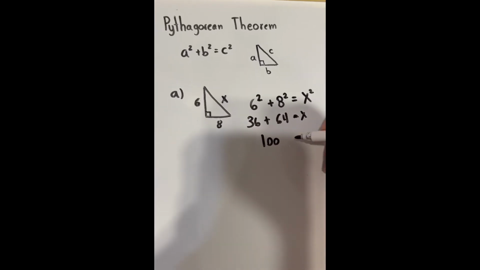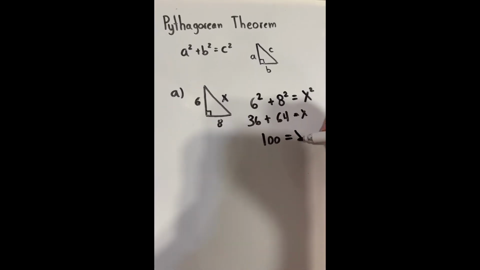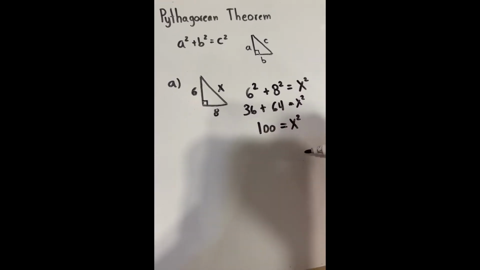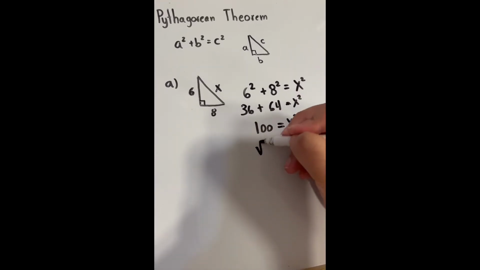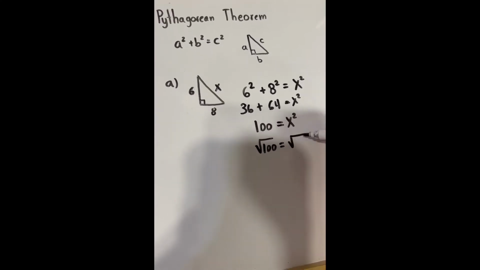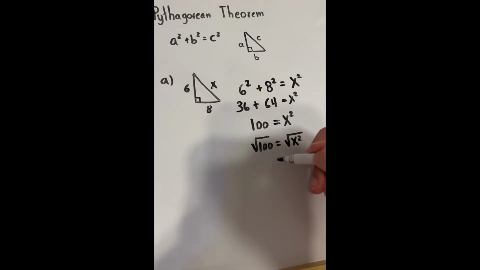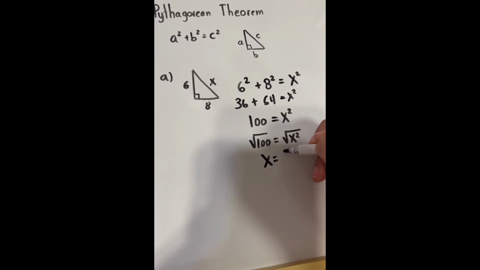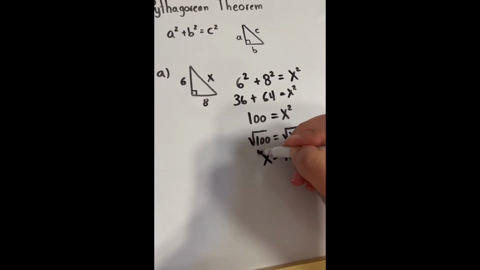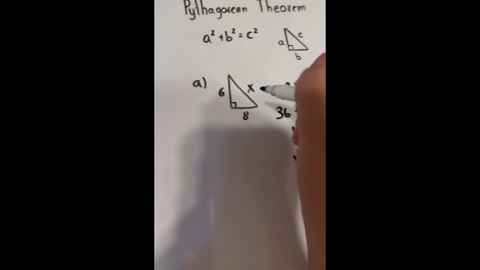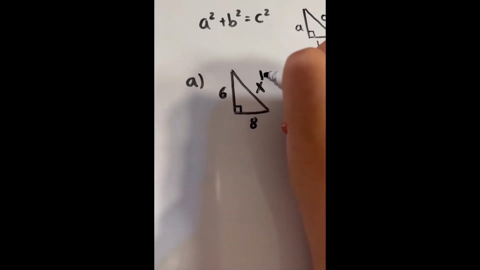So now we add 36 plus 64, which gives us 100, equals x squared. And the square root of 100 equals the square root of x squared. And therefore, our answer is 10. X equals 10, and the missing side is 10 as well.